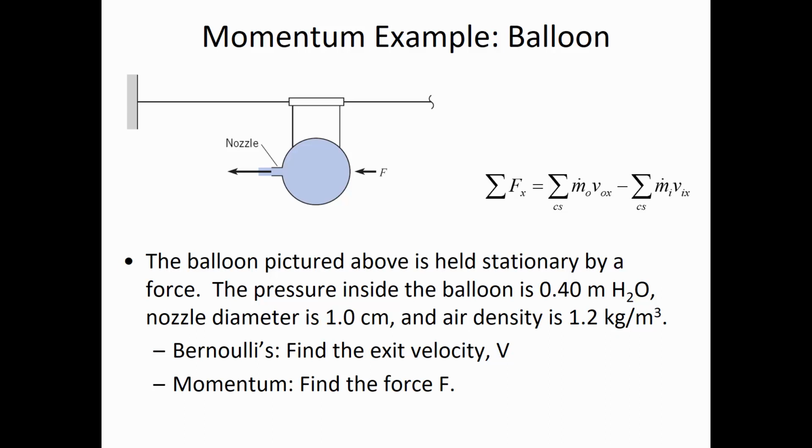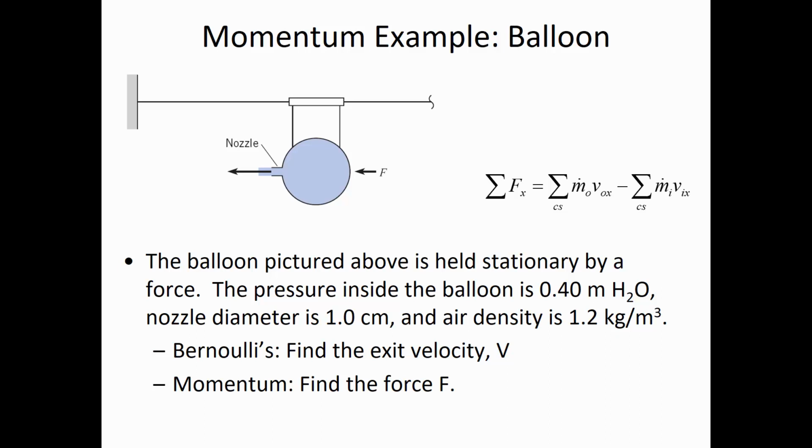So let me sketch, first of all, on the whiteboard here, what's going on with this balloon. We've got the balloon, and it has a hole with this nozzle, and a jet of air is coming out, and inside the center of the balloon, here at 1, the pressure at 1 is 0.40 meters of H2O.